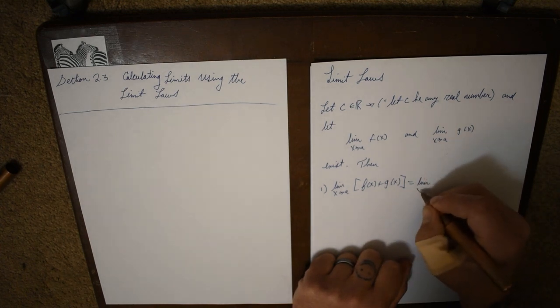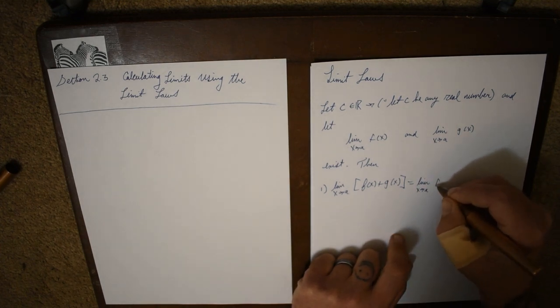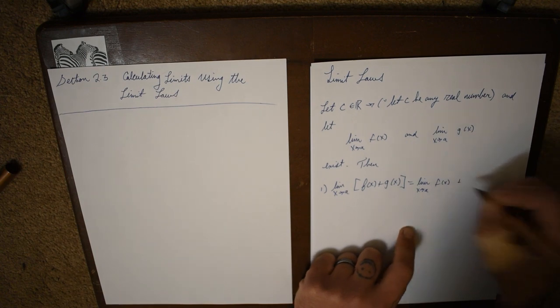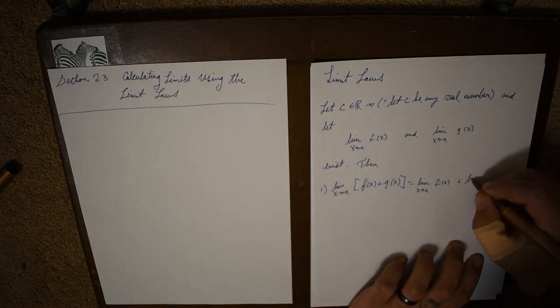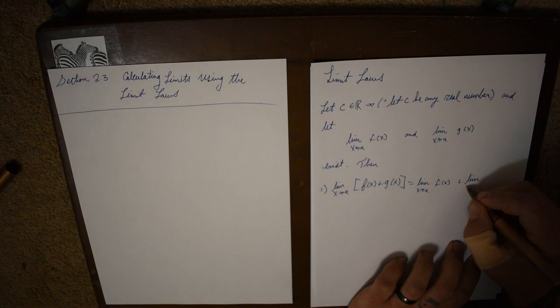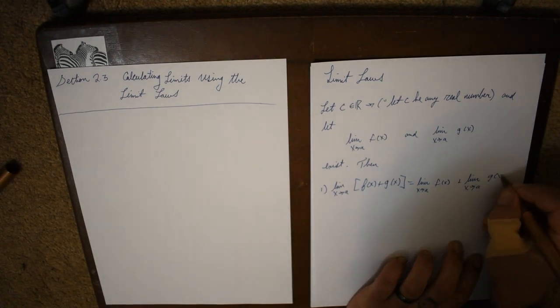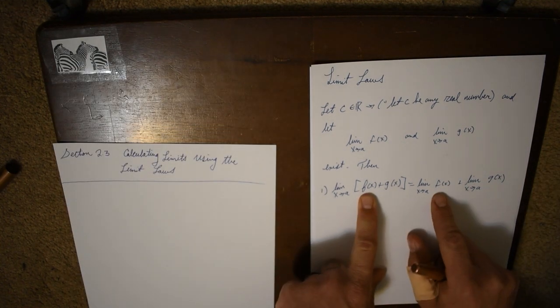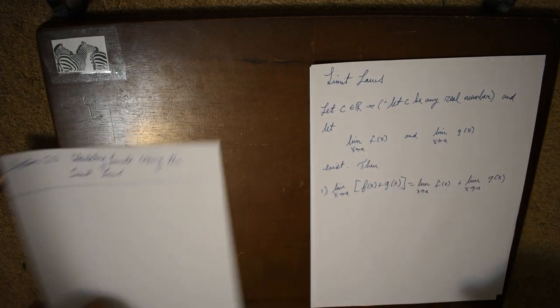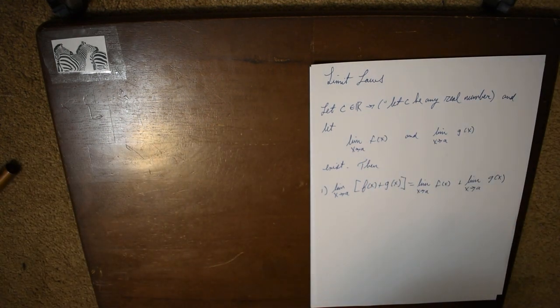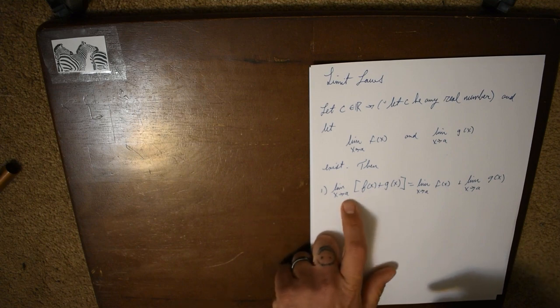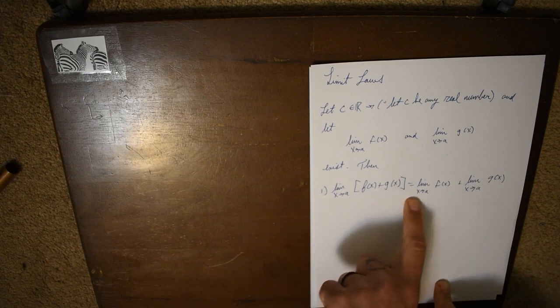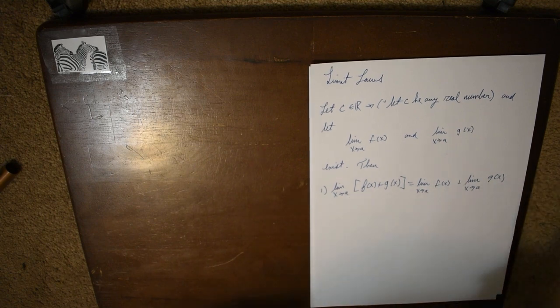The limit as x approaches a of f of x plus the limit as x approaches a of g of x. Once again, I'm switching from cursive to print. Those are the same f's. All three of those are the same f's. So you'll hear the limit of the sum is equal to the sum of the limits.